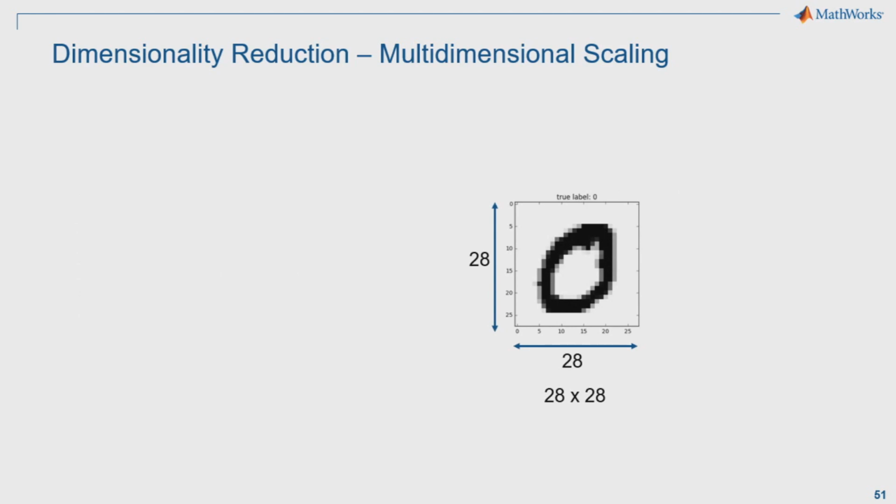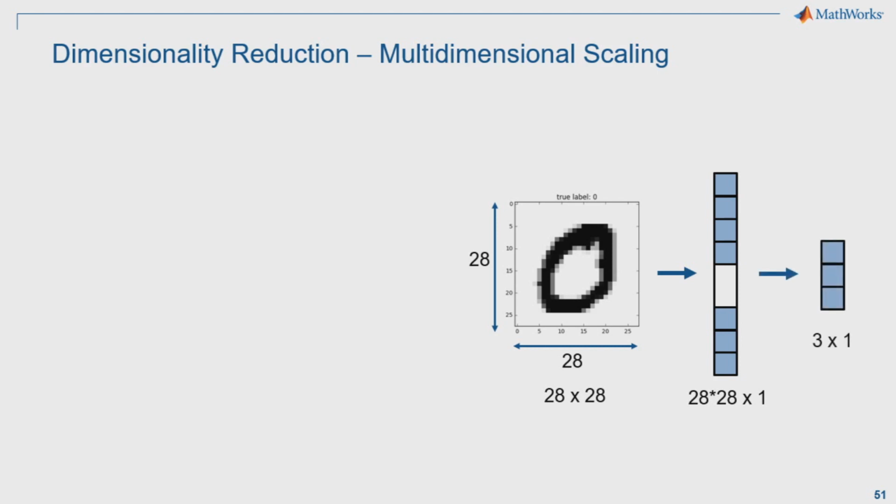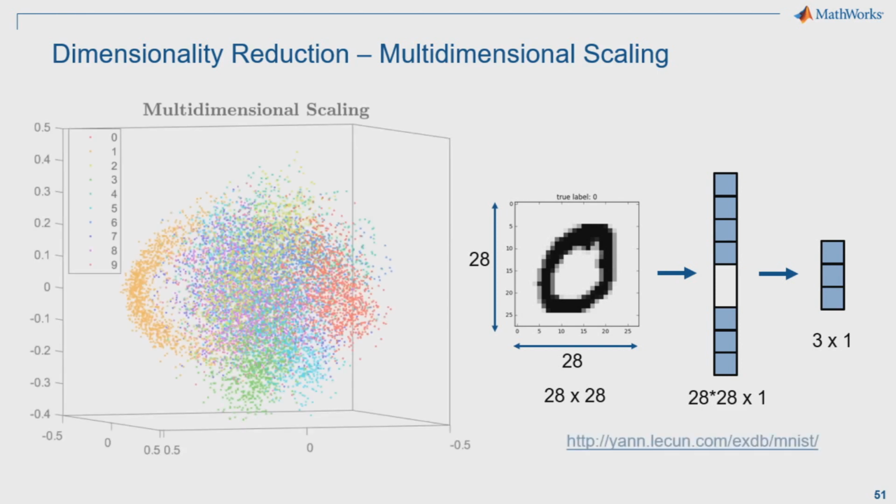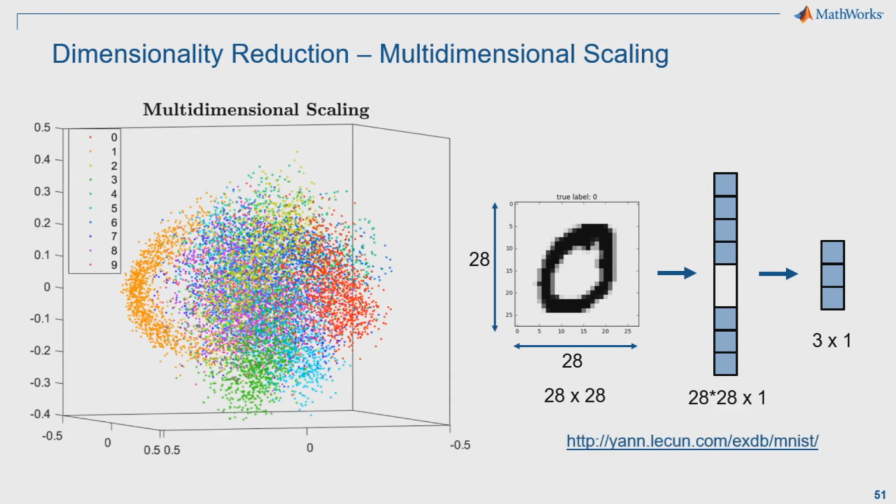So here is another example with images. This is from the MNIST dataset, which is a famous benchmark for trying algorithms. If we do as before, so we flatten all the images that we have in our dataset, we are able to retrieve a three-dimensional representation of these images using multidimensional scaling.